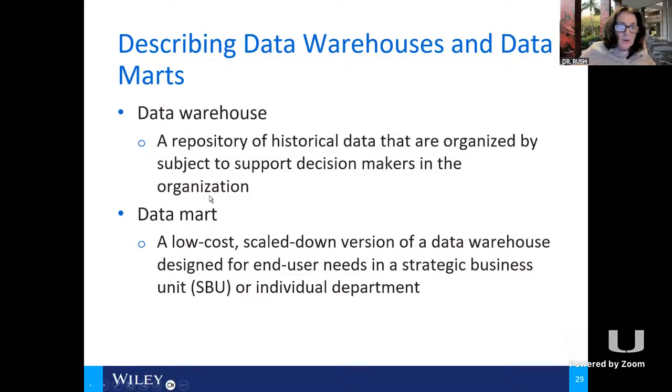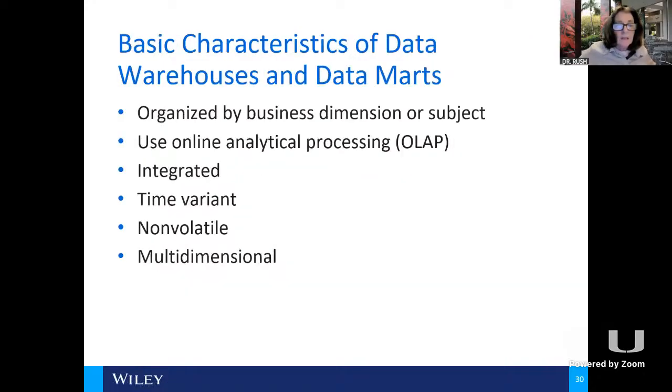So basically, you can think about a data warehouse as historical, a data mart is a subset of it, and we know that it's organized by a certain subject, so it could be by students for retention. It could be for students that I'm going to recruit. It could be for, if we were the university, those students for scholarships. It could be those students that succeeded well, those students that became executives.